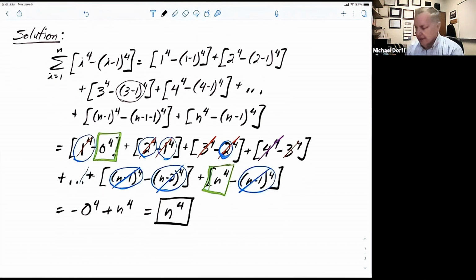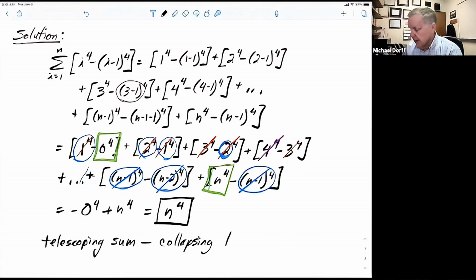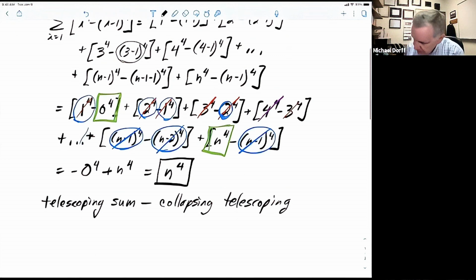Now, why is this called a telescoping sum? Well, this harkens back to the idea of a collapsing telescope. A long time ago, a collapsing telescope might look something like this. You have one piece, and then another piece that's a little bit larger, and another one a little bit larger than that, and so on. It would have a little eyepiece at the end that you would look into.